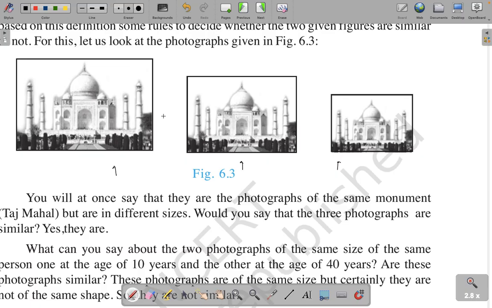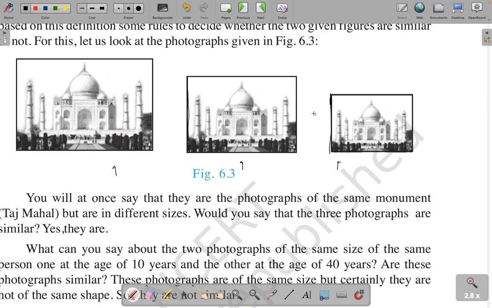Yes, they are similar, because they have the same shape but they are of different size. Now if you look at these two figures, if you notice any line segment, say if you just look at this particular line segment, say it increased by 1.5 times here.